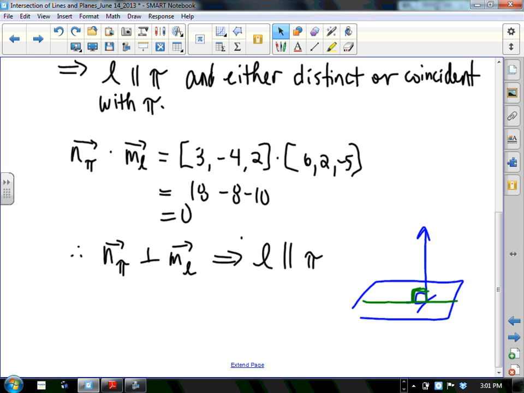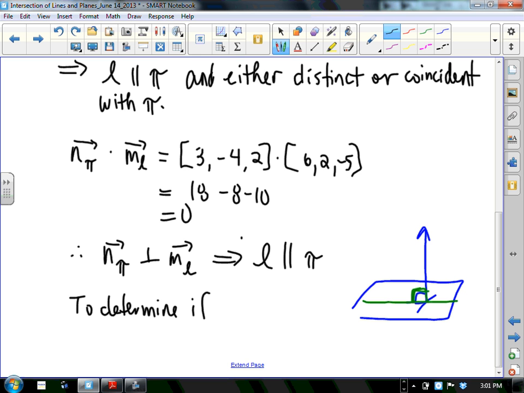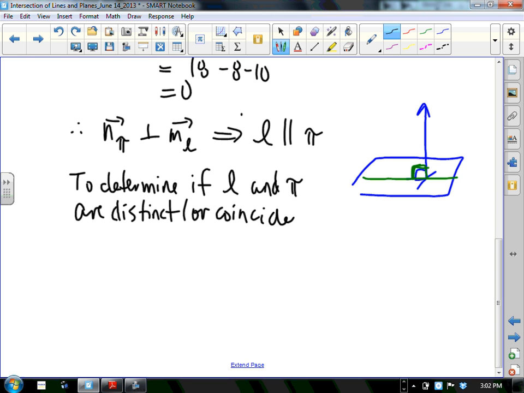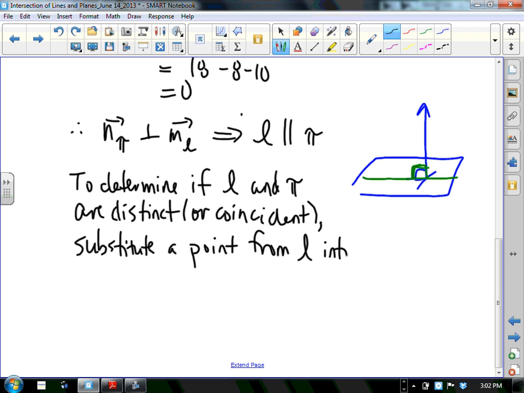Okay, so last but not least, we need to determine if they are coincident or distinct. So to determine if L and the plane are distinct, or coincident for that matter, let's substitute a point from the line into the equation for the plane.